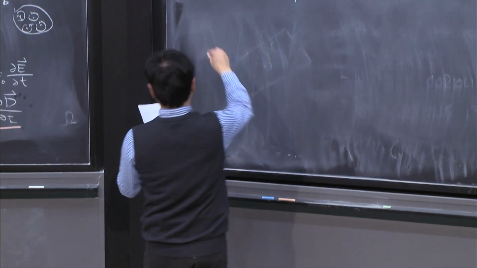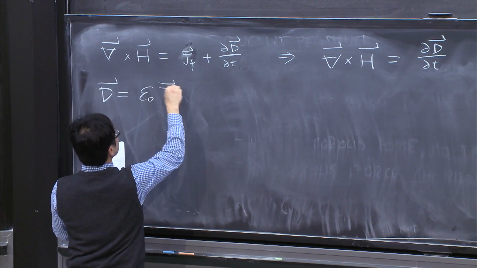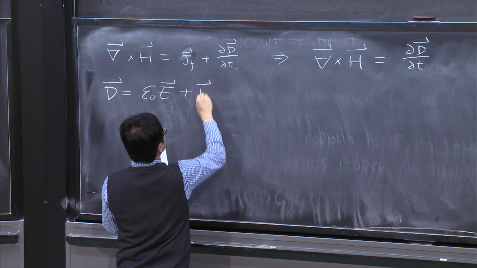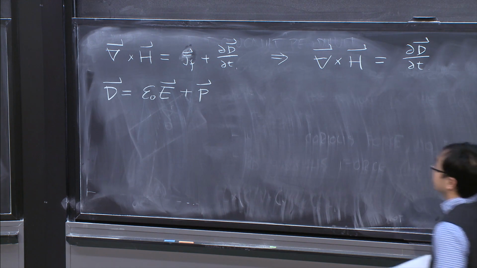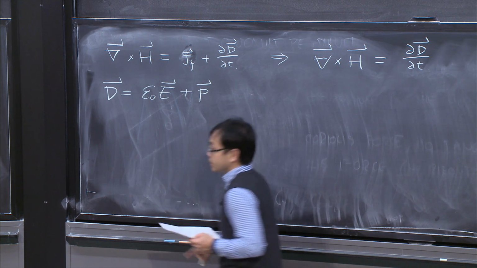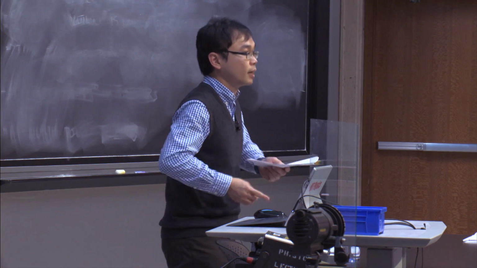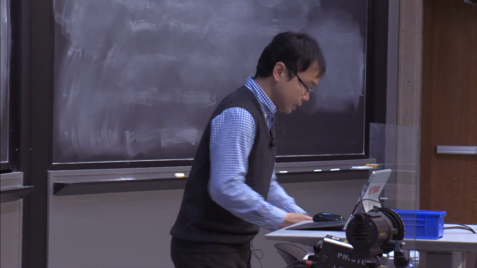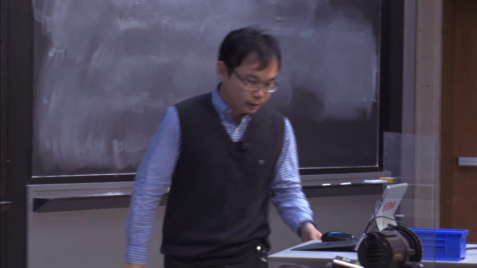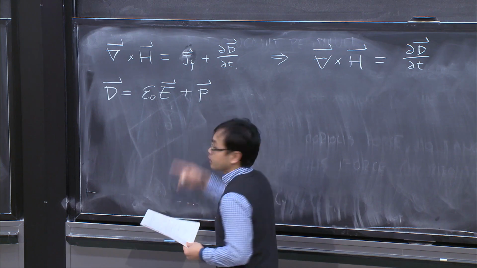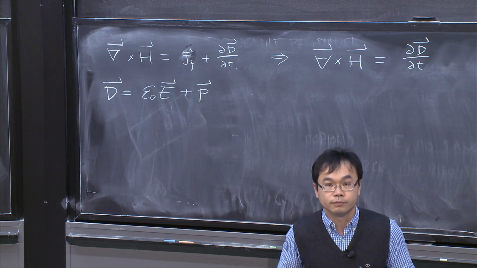As we mentioned before, the D field is defined as epsilon_0 E plus P, which is the induced polarization of the material. Okay. And in the case of very small electric field and very small magnetic field, and also a linear, homogeneous, isotropic material, this induced polarization can be proportional to the size of the electric field, okay?